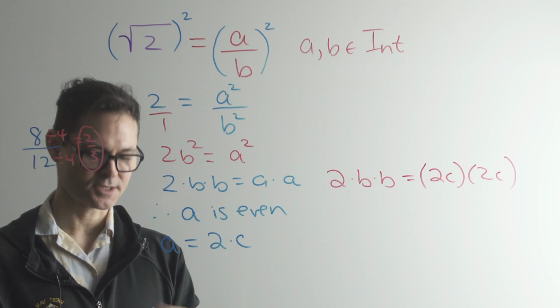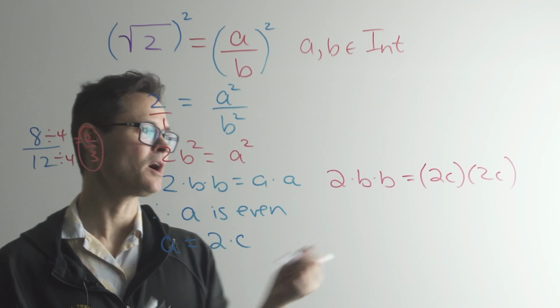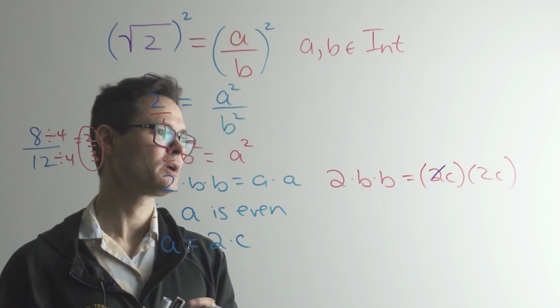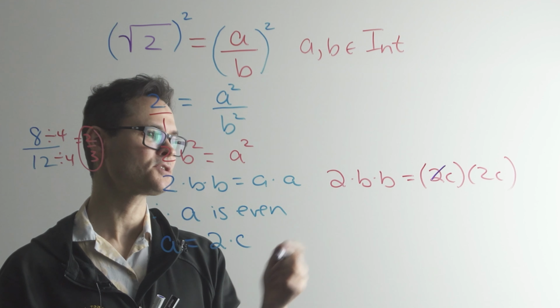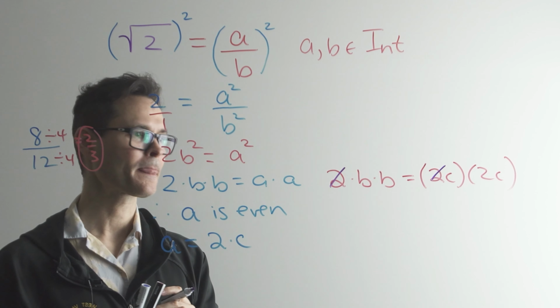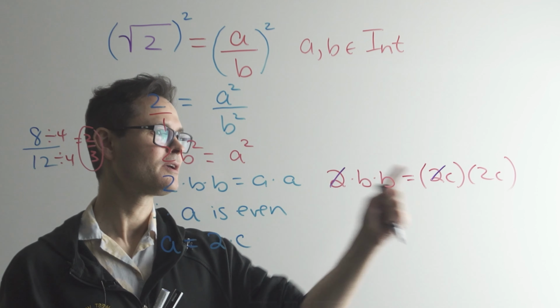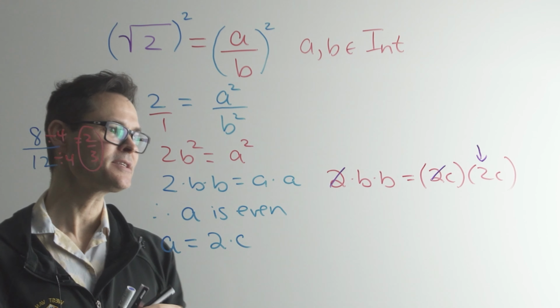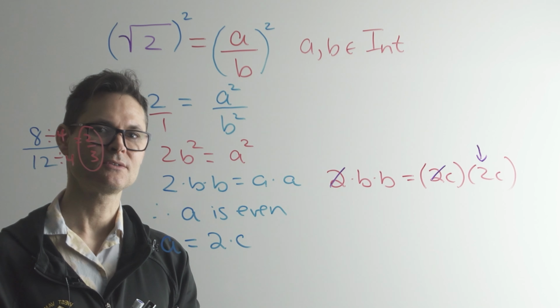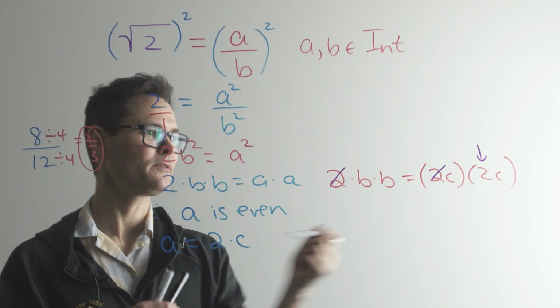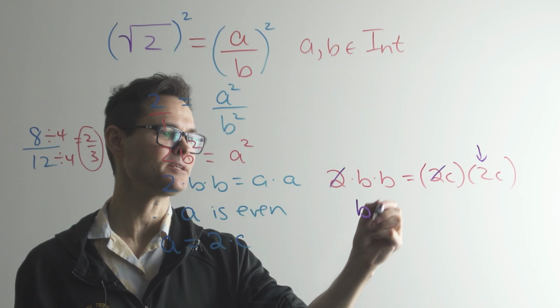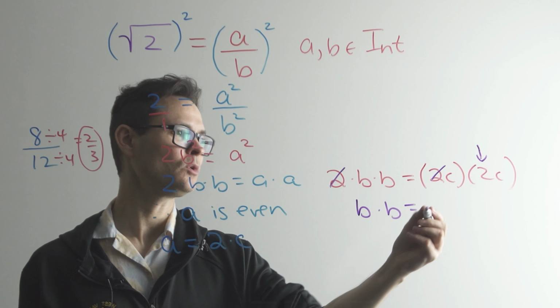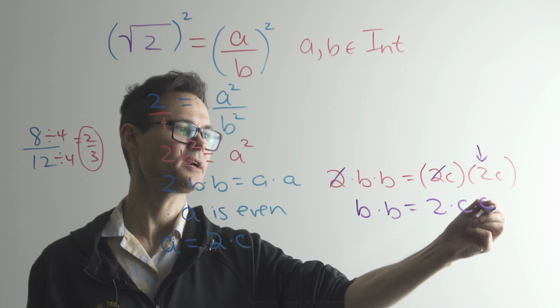Well, look at this. If I do a little cancellation, I know that this 2 is going to cancel with this 2. As well, look, one of the 2's is still there. So that tells us something about b, right? Now, once the 2 cancels, I've got b squared equal to 2 times c squared.